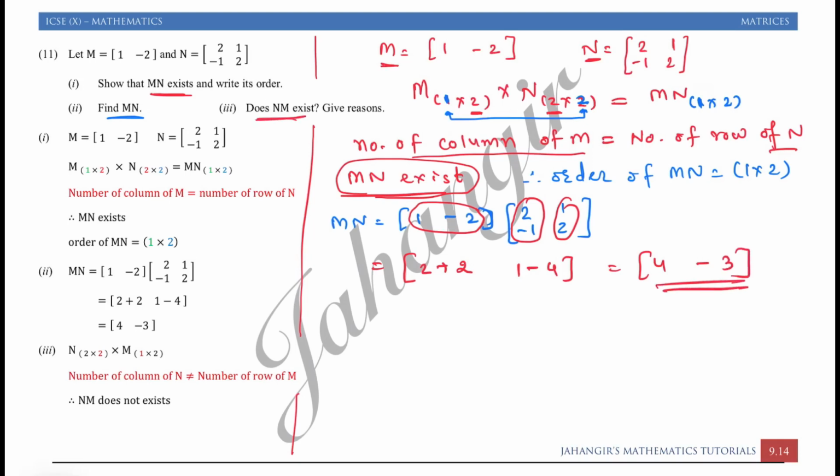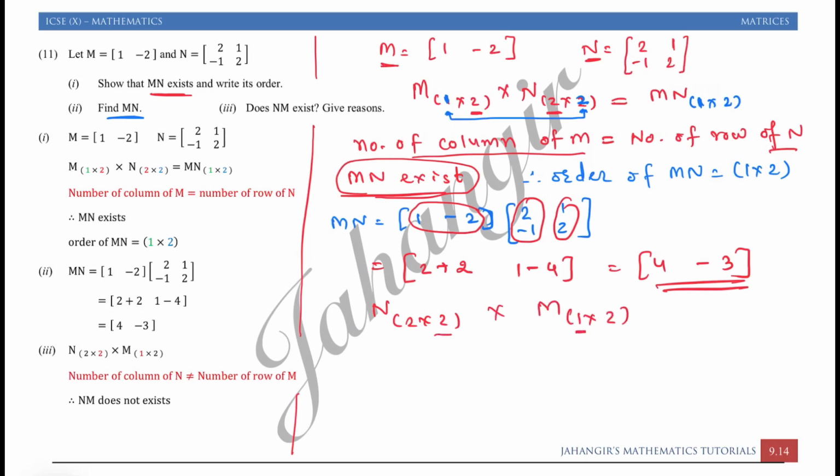Now we have to check whether NM exists or not. The order of N is 2 by 2. We know it has 2 rows and 2 columns. Into M, whose order is 1 by 2.